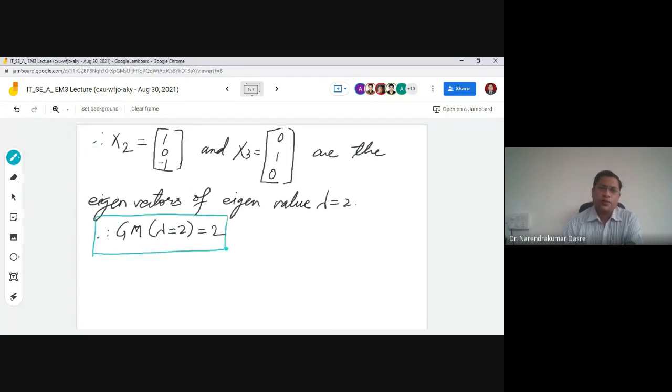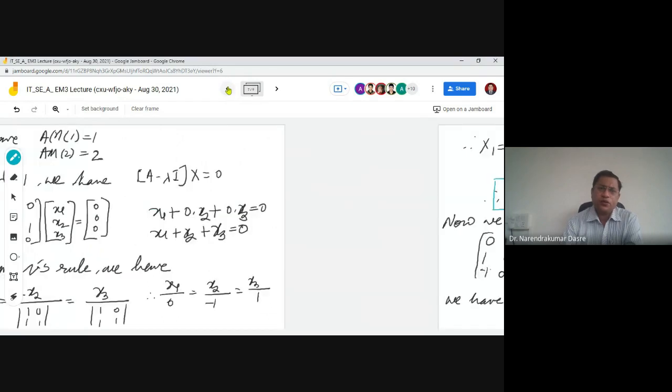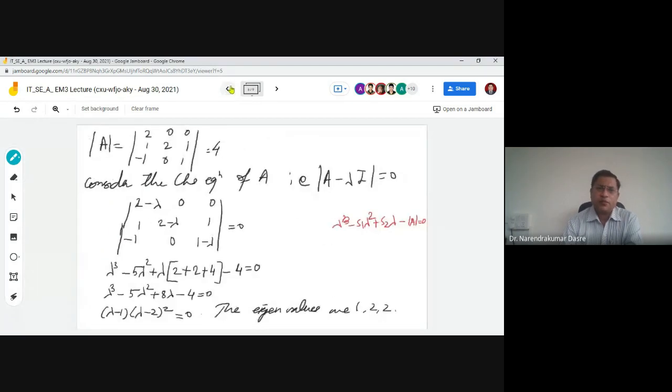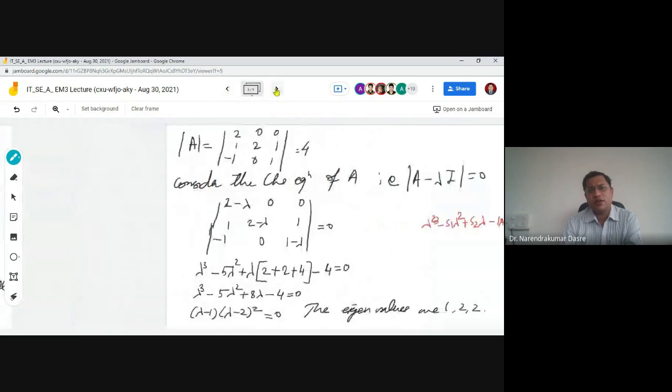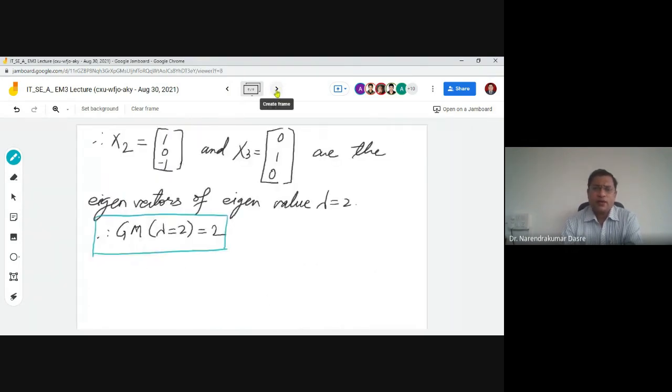Now see, the geometric multiplicity of lambda is equal to 2 is 2. The geometric multiplicity of lambda is equal to 1 is 1. The algebraic multiplicity we have considered. So algebraic multiplicity of 1 is 1 and the algebraic multiplicity of 2 is 2. So can we say that all eigenvalues have the same algebraic and geometric multiplicity?